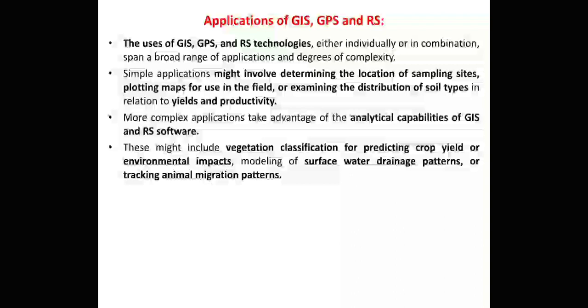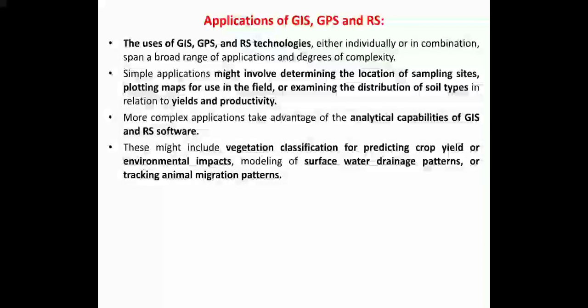They are also used for locating sampling sites, plotting maps for use in the field, or examining the distribution of soil types. Yield levels and productivity can also be evaluated or determined with the help of these technologies.